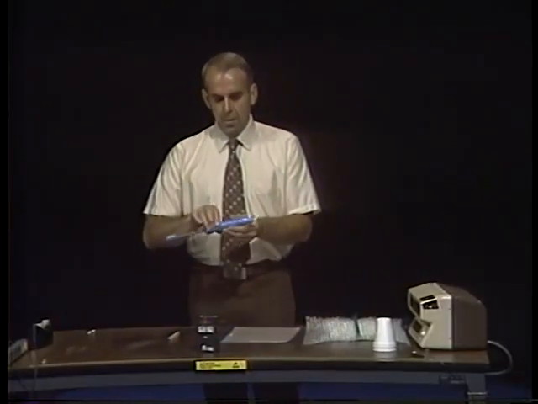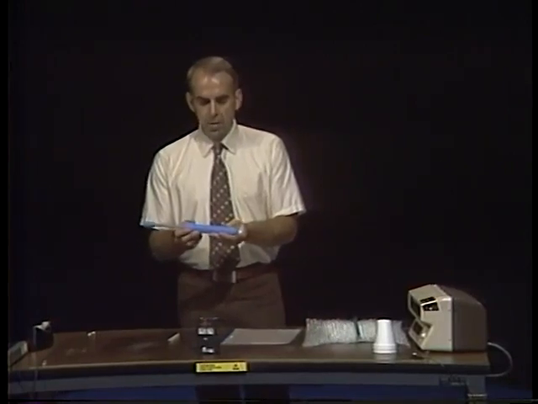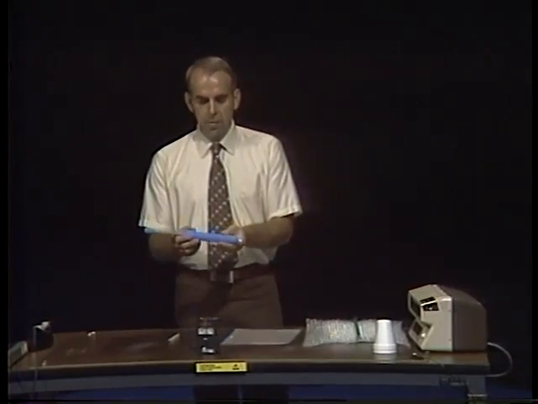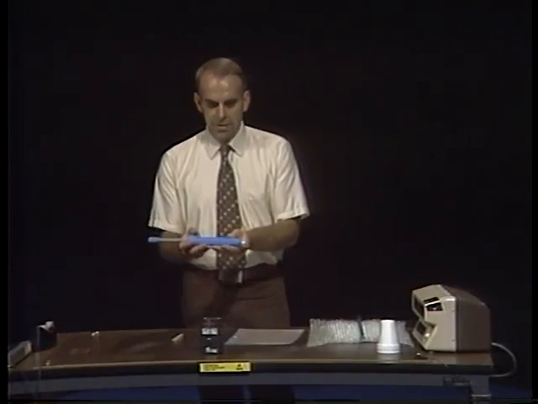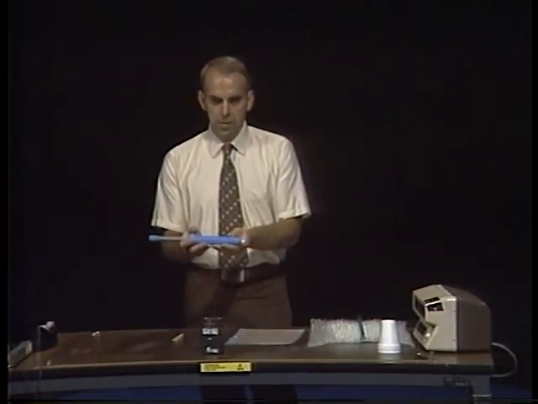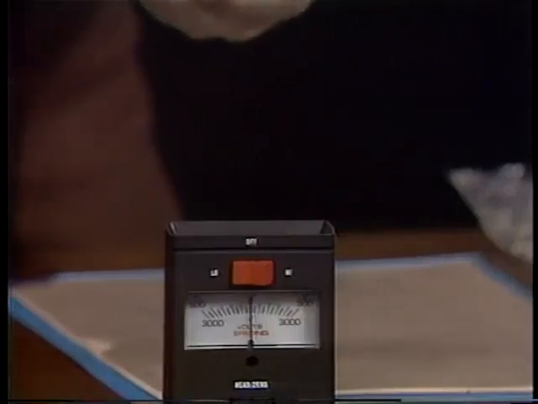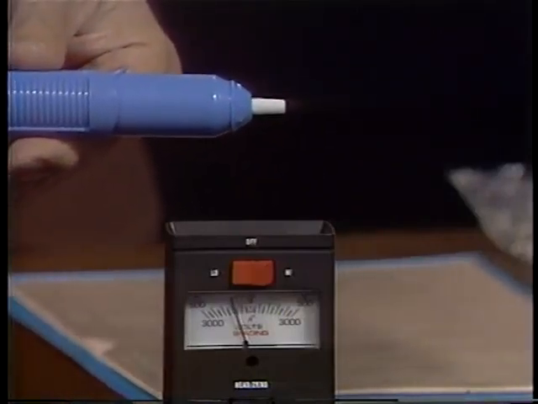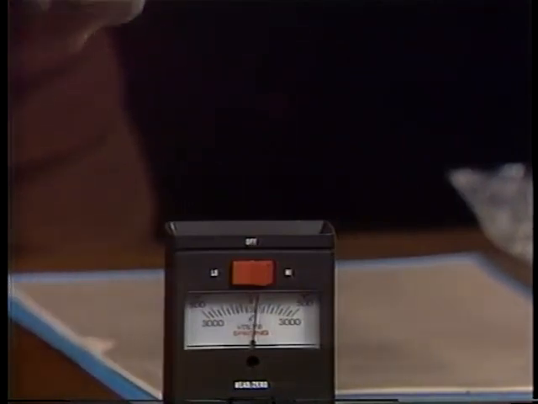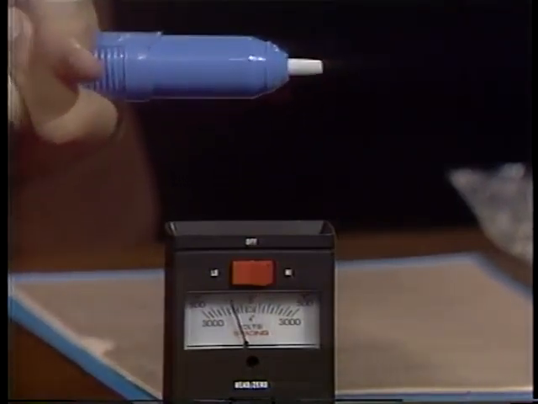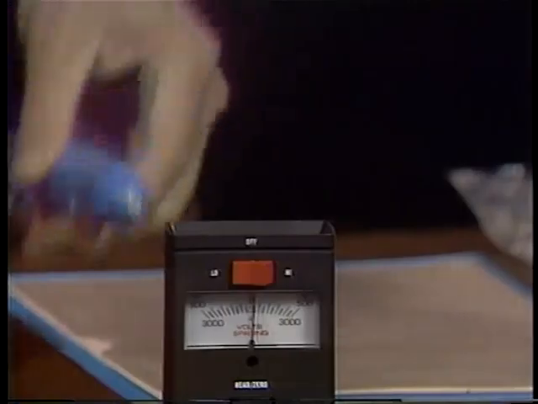The last item I want to mention is an ordinary tool which is found everywhere. It's a desoldering tool made of ordinary plastic with a spring-loaded plunger in it. As you can see, it is slightly charged. When the plunger is released, it becomes more highly charged.